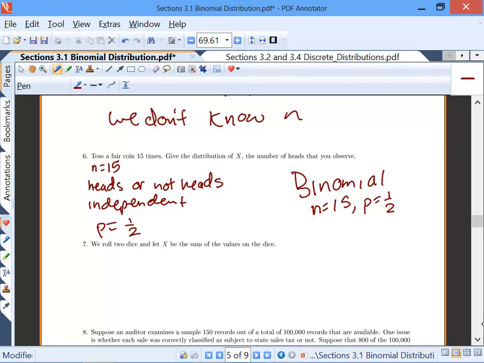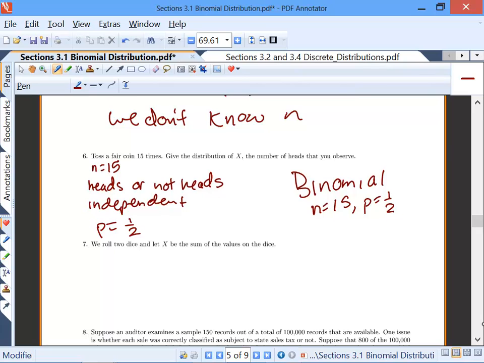So number 7, we roll 2 dice and let x be the sum of the values on the dice. What breaks down here? Is there one observation, or is it that we don't know how many observations? Okay. Well, you don't have a fixed value for how many times you roll it, right?